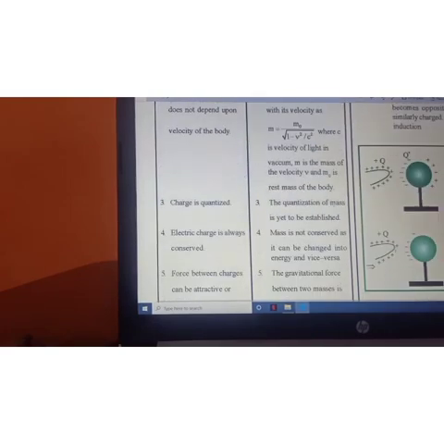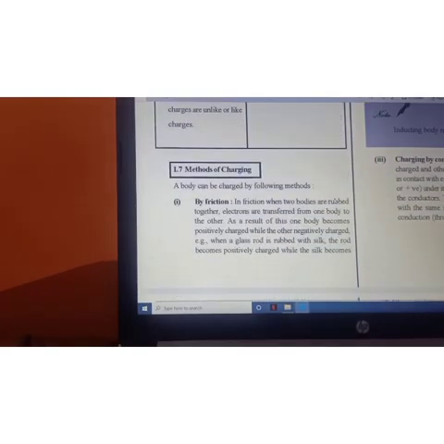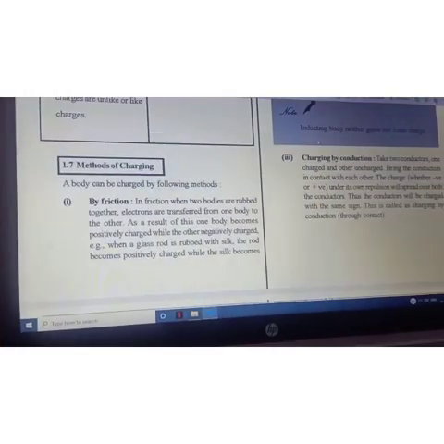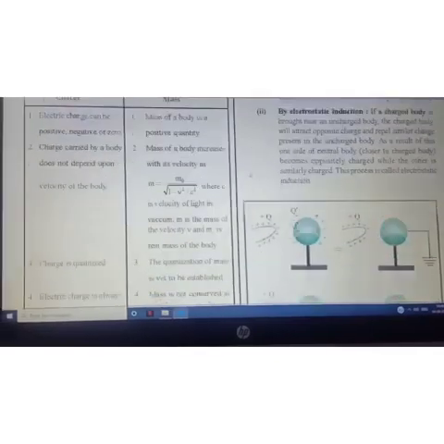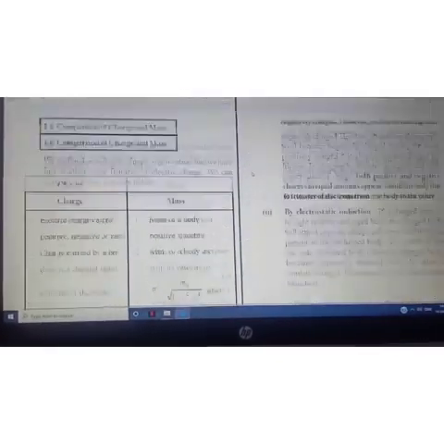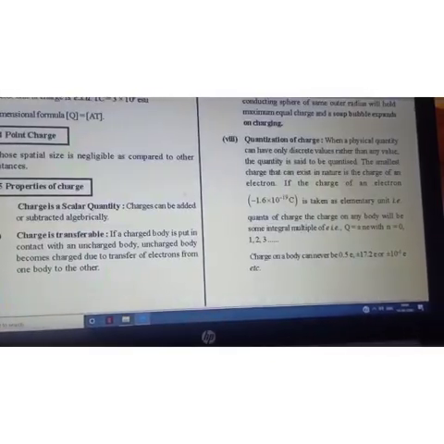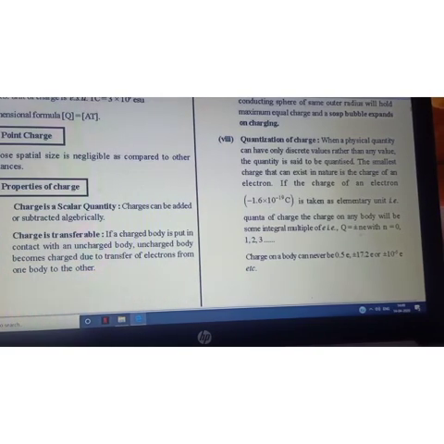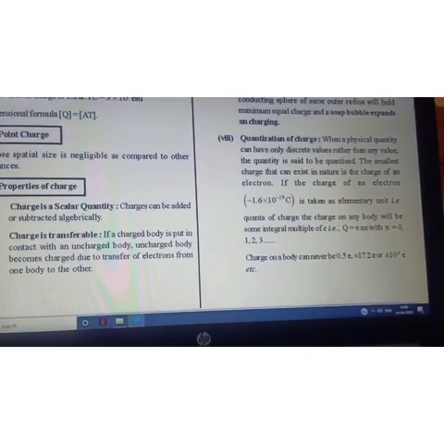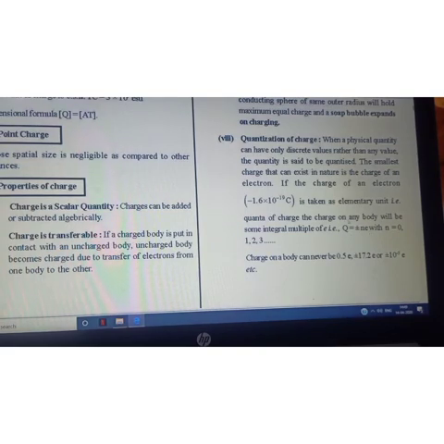Then what are the different processes by which you can charge a body? What is the least value of electronic charge? The least value of electronic charge is 1.6 into 10 to the power minus 19 coulomb, and the special formula related to this chapter is Q equals Ne, that is, charge is quantized. What is quantized?